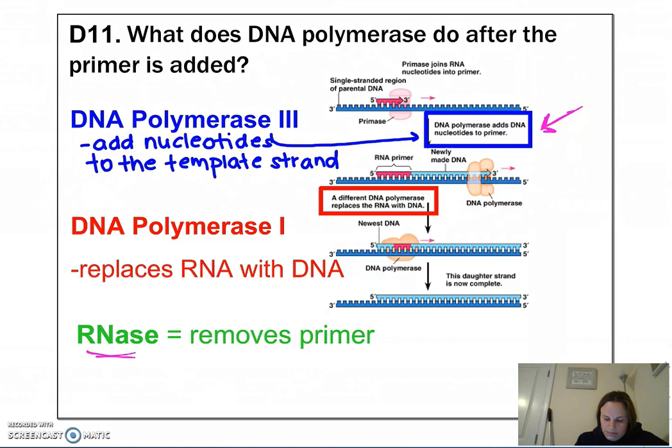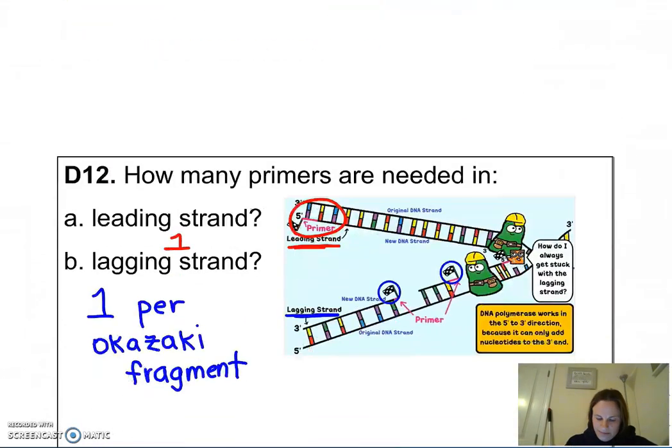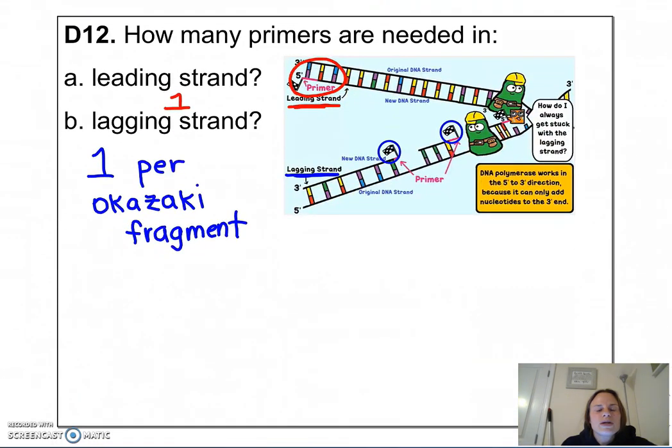Well, then in comes RNase, sometimes called RNase H. That's going to remove the primer, and then you've got DNA polymerase 1 that's going to replace that RNA with DNA. So how many primers are going to be needed for your lagging strand? 1 per Okazaki fragment. Whereas in our leading strand, I only need 1 primer because it occurs in a continuous pattern.